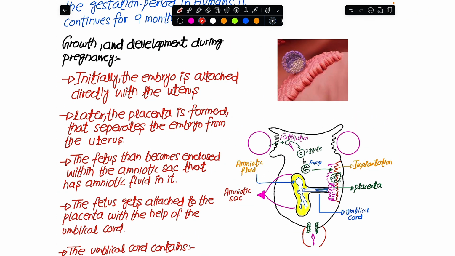So now the context becomes easier for us to justify. Initially, the embryo was directly attached, then the placenta formed, and the embryo separated itself from the uterus, and the fetus got enclosed within the amniotic sac, and that sac has the amniotic fluid in it.